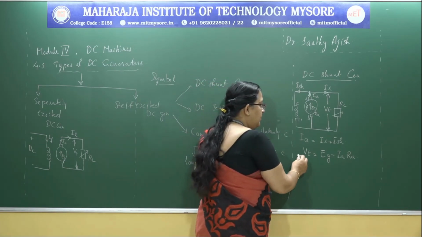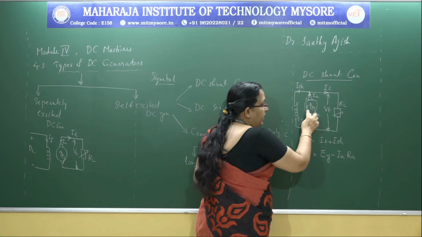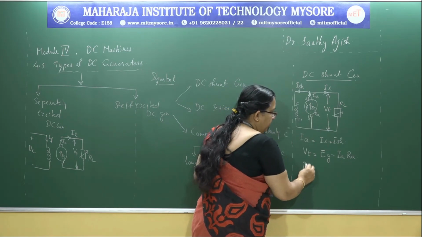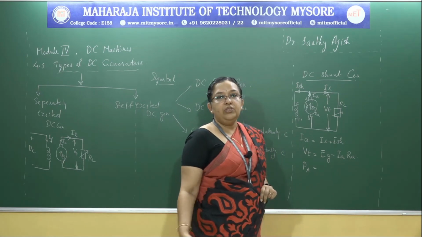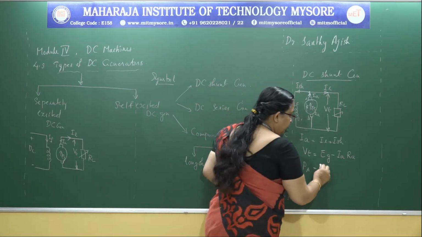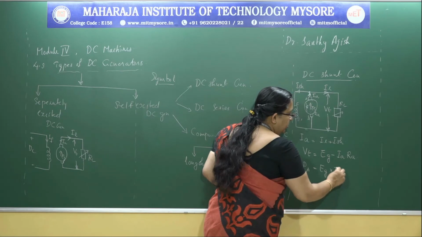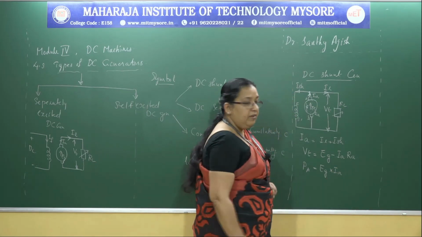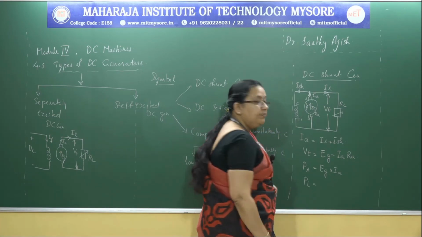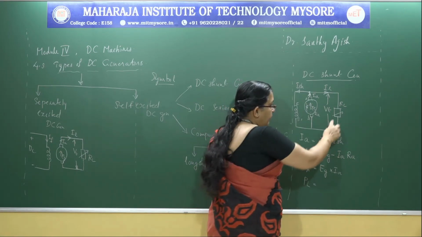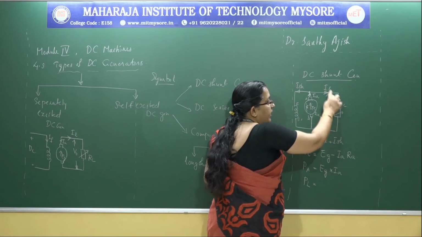Now, what is the power developed at the armature? If I say power developed at the armature PA, power is voltage into current. So I can say it is EG into IA. Whereas the power developed across the load is equal to the voltage across the load multiplied by the current.